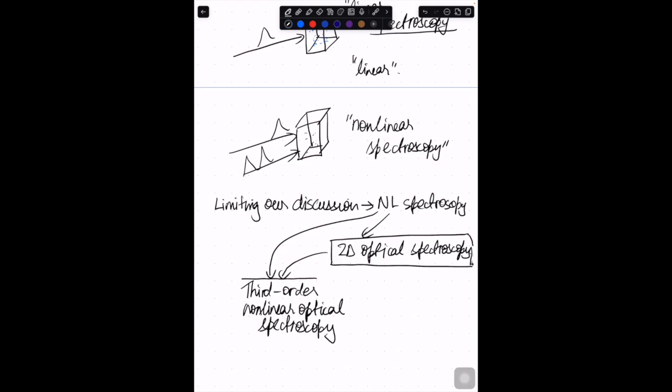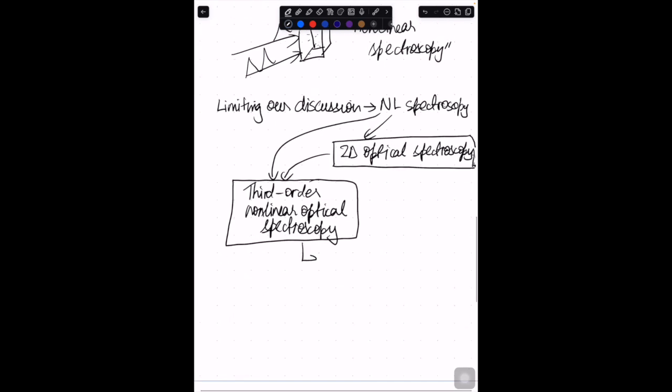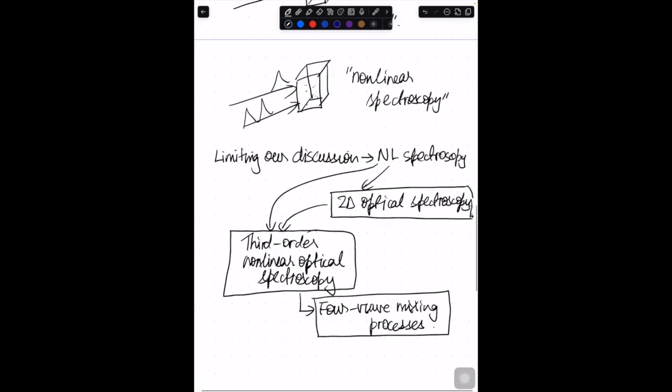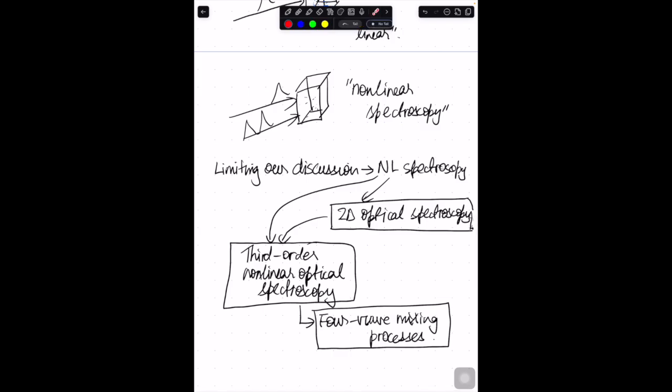And these are also known as four wave mixing processes. And the reason behind that is quite simple. You consider the three incident light fields to be three waves, and the emitted light field, let's just say this.